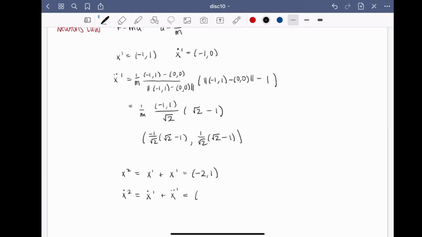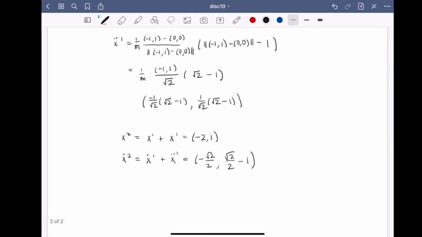And that's going to be negative root 2 over 2, root 2 over 2 minus 1. I simplified it a little bit.